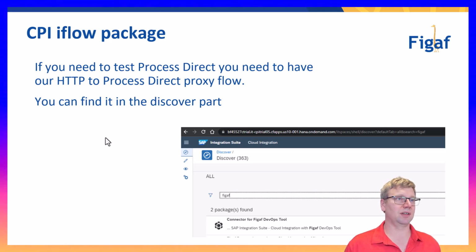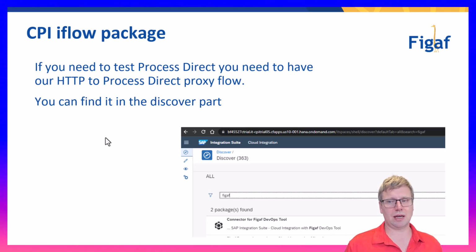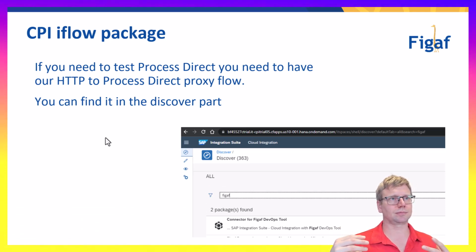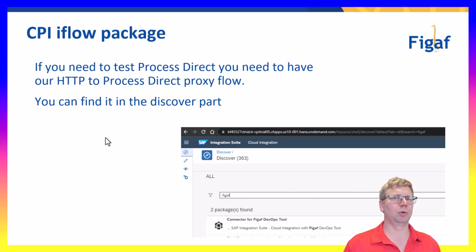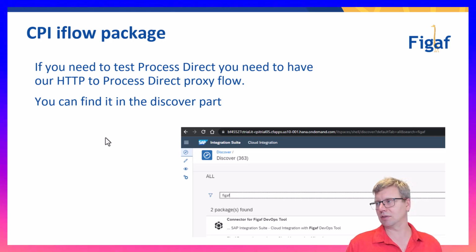If you are creating test cases for, for instance, FTP or SFTP, the Figaf tool does not know how to do that, so instead it will create a new iflow where it will replace the channel with an HTTP channel it can send messages into.